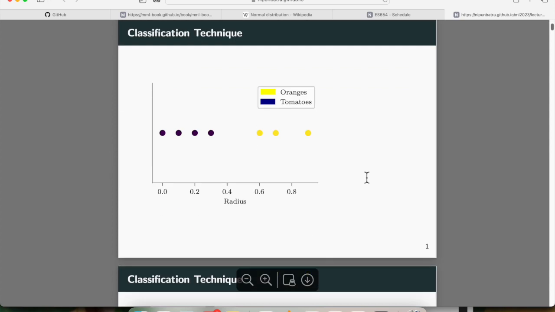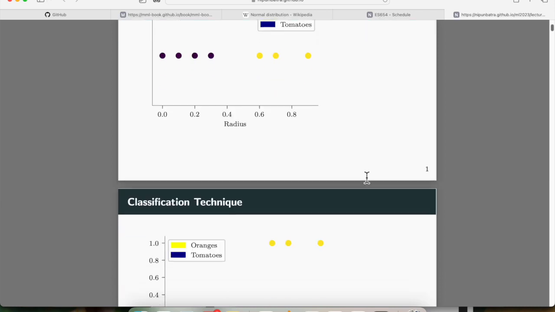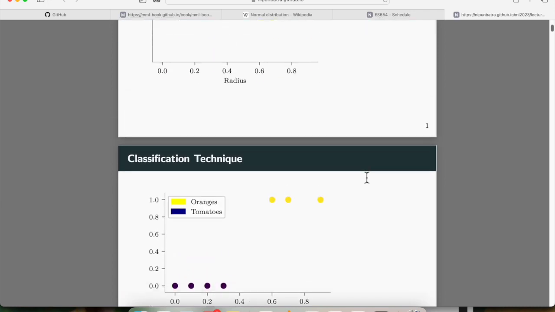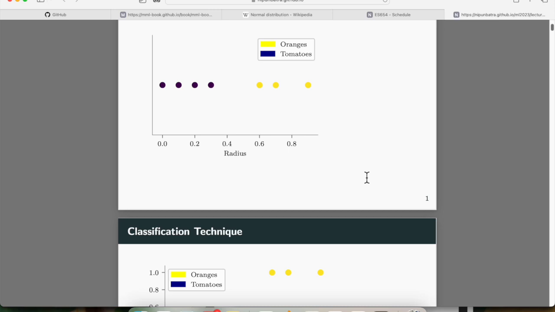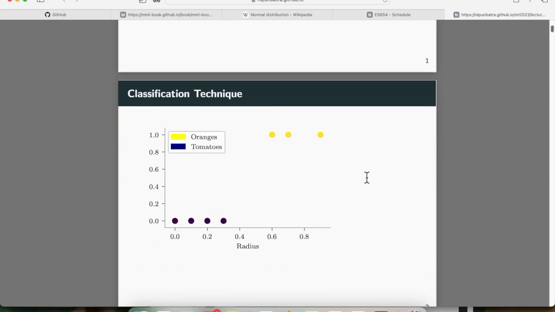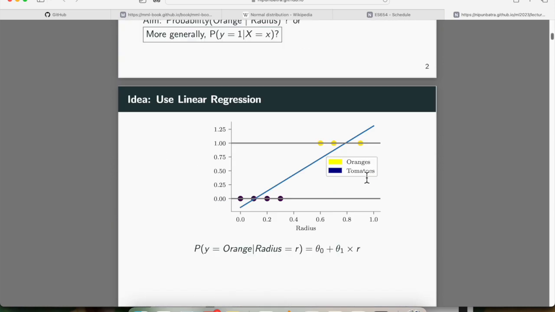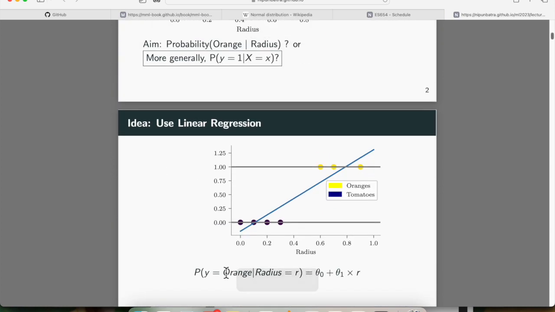There we started with this kind of example. We have oranges versus tomatoes and we're trying to classify them. Our input is a single feature x. I changed this plot to indicate y equal to 0 and y equal to 1; my oranges are y equal to 1. We said we could have learned probability of y equal to 1 given input x as theta naught plus theta 1 x, which would have been a line.